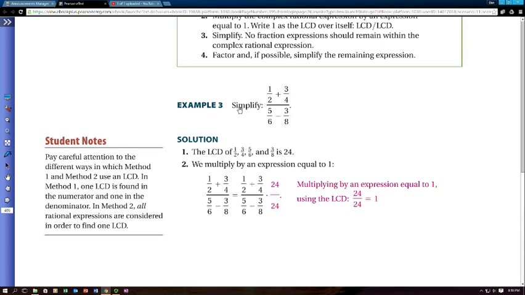Now they do this in fractional form. I wish they would show the prime factorization again, because that's pretty key, and it's the best method to keep finding these LCDs. So that's what they're telling us here. I get the LCD for all these fractions, which happens to be 24. I can multiply by 24 over 24, and I don't change the value because that's equal to 1.